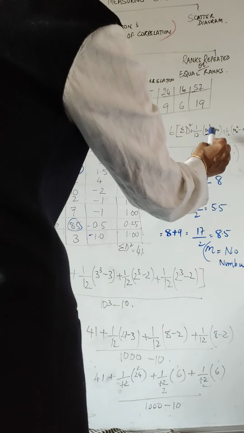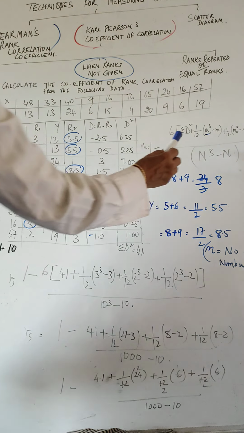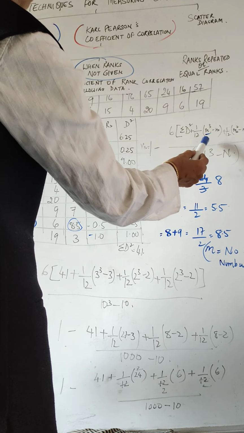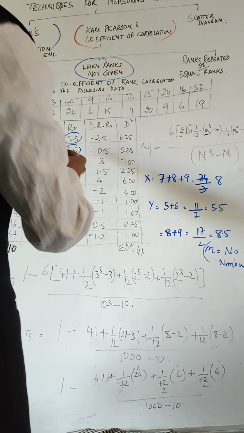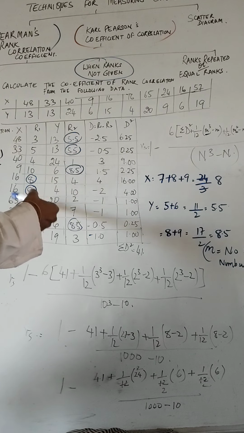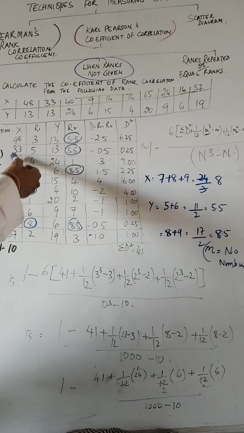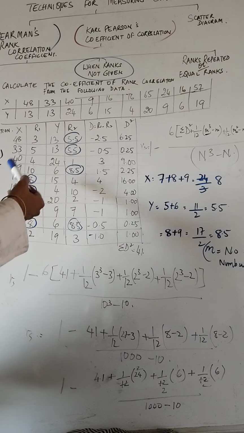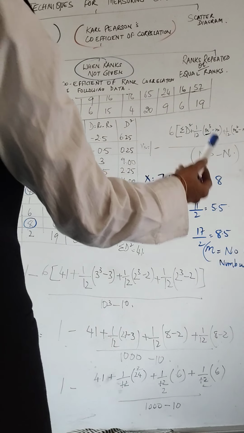So now, as I said before, what does m show? The number of times the variable has repeated itself. So that is how we will work out the rank.